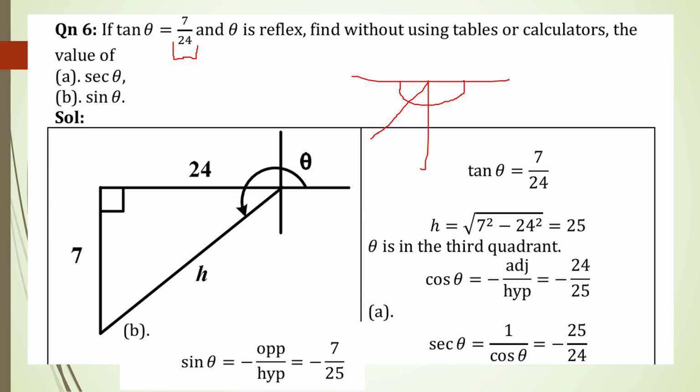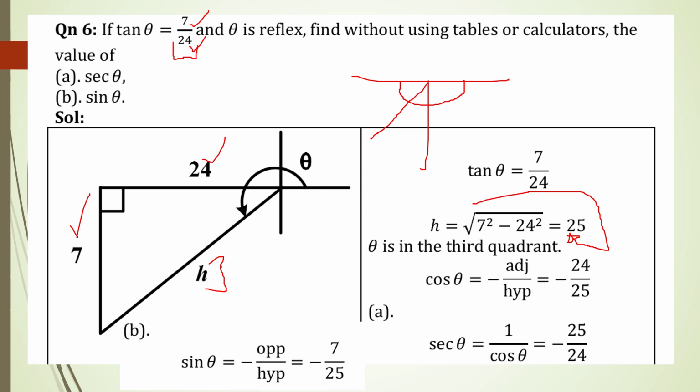So in the third quadrant, according to SOHCAHTOA, tan is the same as opposite, which is 7, divided by adjacent, which is 24. So we have to get our hypotenuse using Pythagoras theorem. And if you do that, you end up with 25 being our hypotenuse.